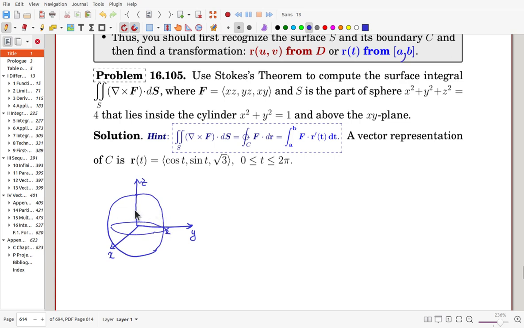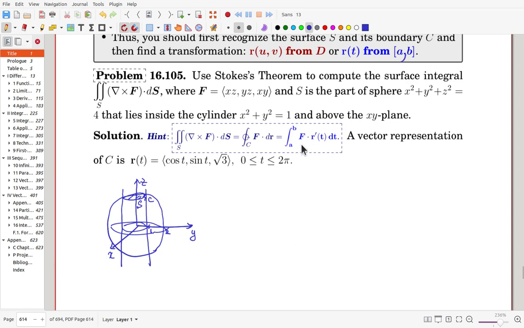And inside the cylinder of radius 1, a vertical cylinder, consider this vertical cylinder, that is radius 1, and inside, so that must be this portion. There is now S, and C will be curved like that. We focus on only this portion. We have to get the surface integral of curl F, using now the line integral along this boundary.